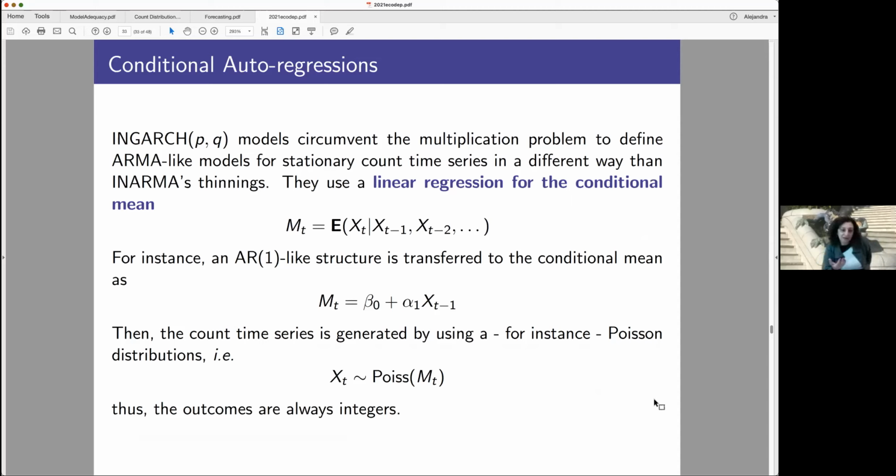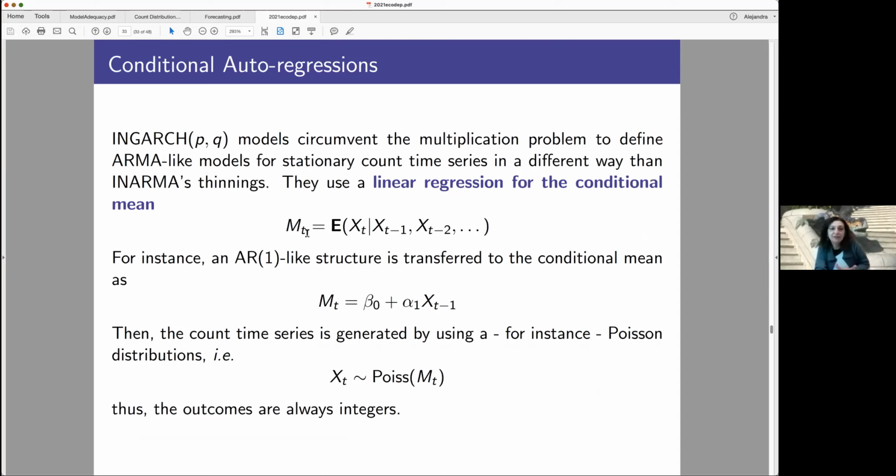In this we have a recursive scheme, not for conditional variances, but for conditional means. So GARCH is not really a good name. The usual GARCH is a generalized autoregressive conditionally heteroscedastic model. So here, there's no conditional heteroscedasticity. Well, there is, but we are not going to model it.